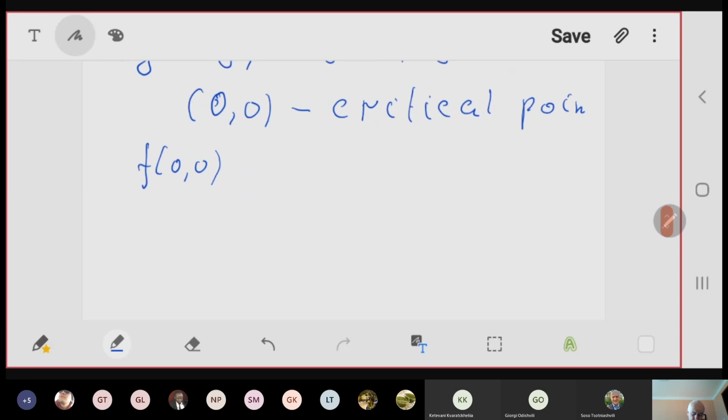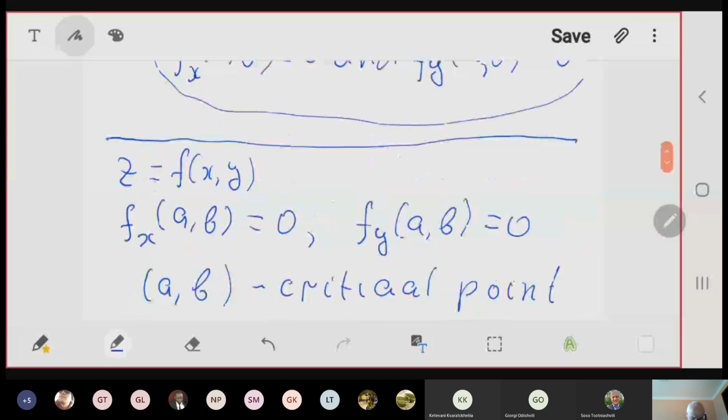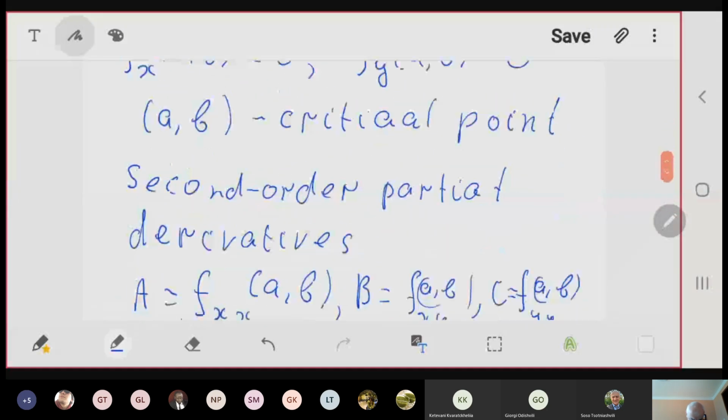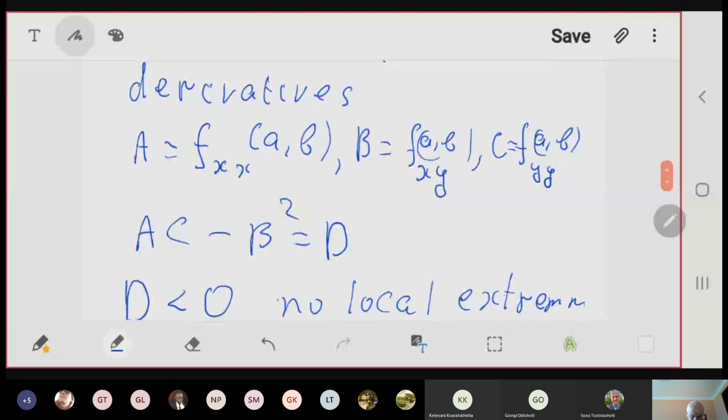And how? Let's follow our steps. I will show it again. Yes, so these are our steps.